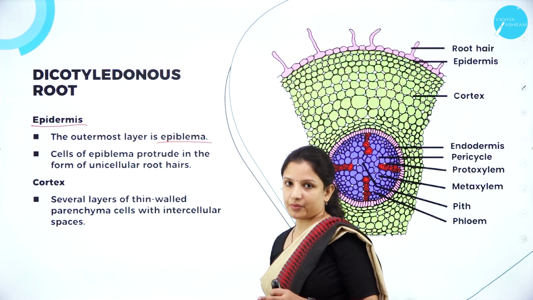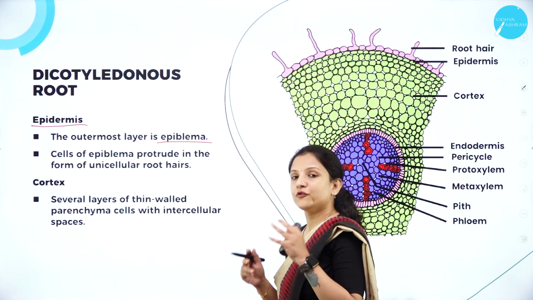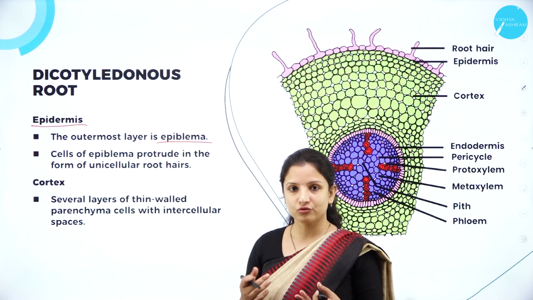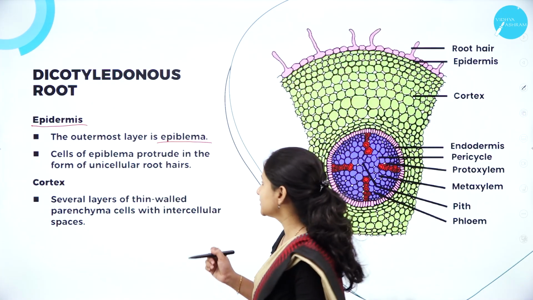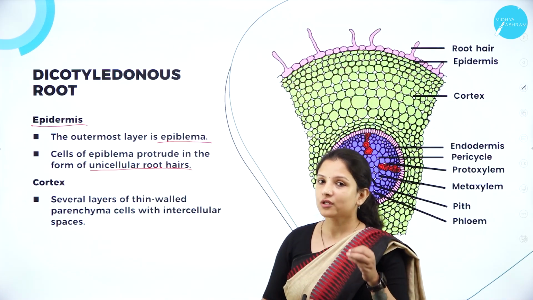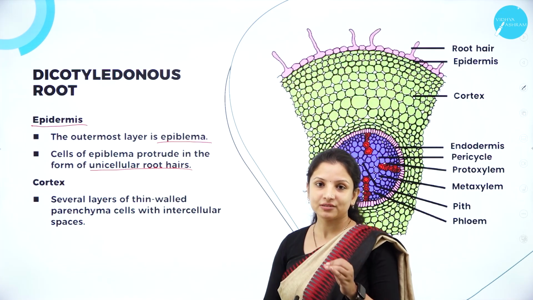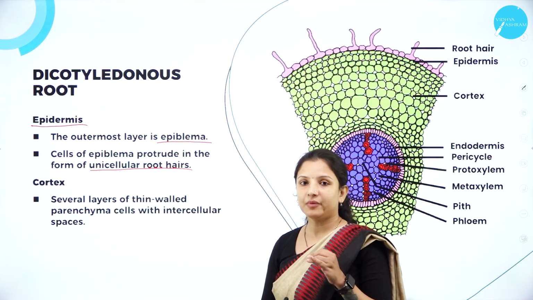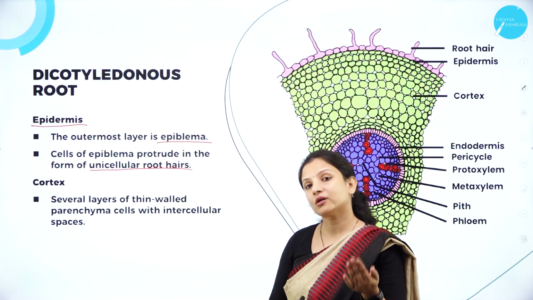And the cells of the epidermis or epiblemma, few of the cells, not all, they protrude or modify themselves to form unicellular root hairs. So the root hairs that are there are unicellular. The trichomes can be multicellular. What are trichomes?